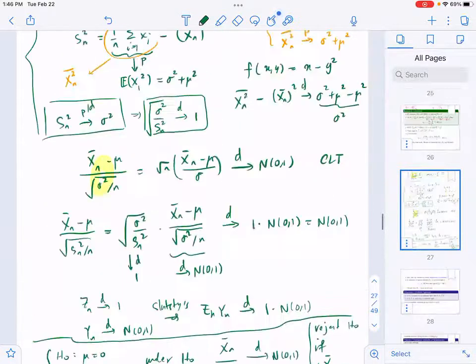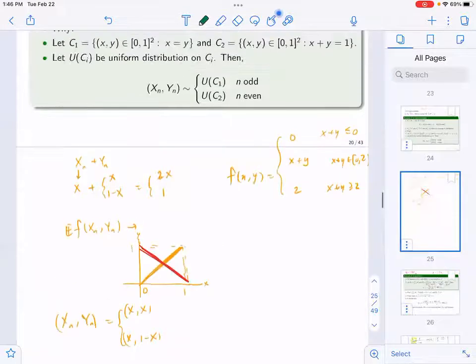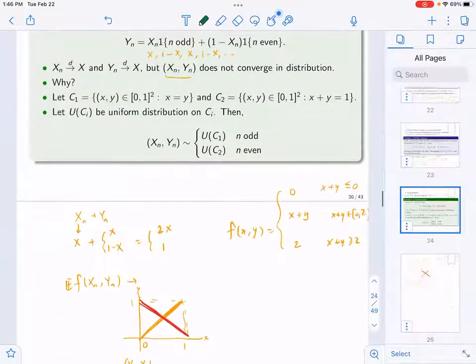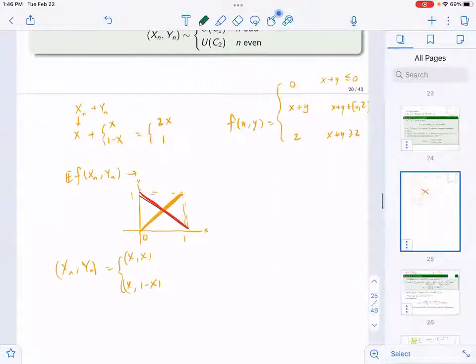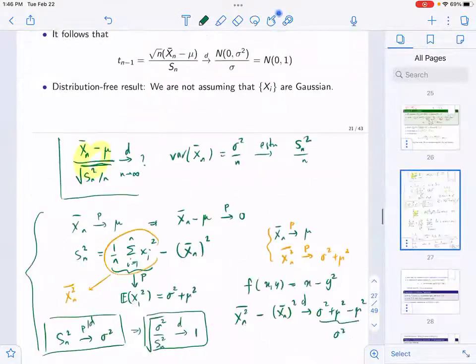For example, the sequence of distributions that you see, Xn, Yn, does not converge to anything in distribution, hence not in probability as well, but it's bounded in probability. So the random variables are not going to infinity. It's an example of a sequence that does not converge, but is bounded in probability.